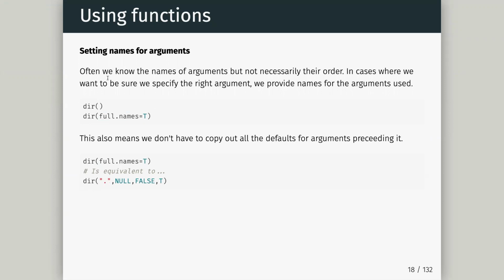Alternatively, without naming any of the arguments, I could write out all the arguments: I want the first argument to be a dot, the second to be null, the third to be false, and the last to be true. But all that is to say that all you need to do is change the argument you're interested in. To do that, just provide the name and set what you want to change it to.